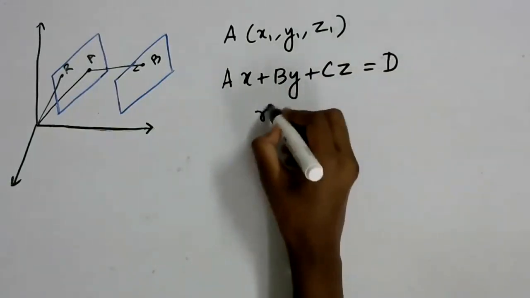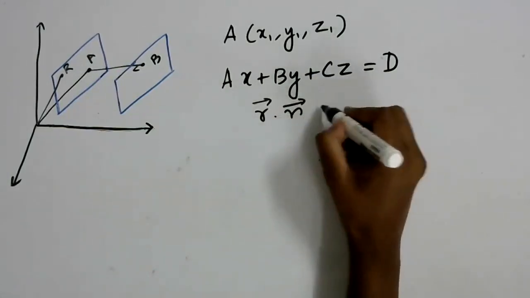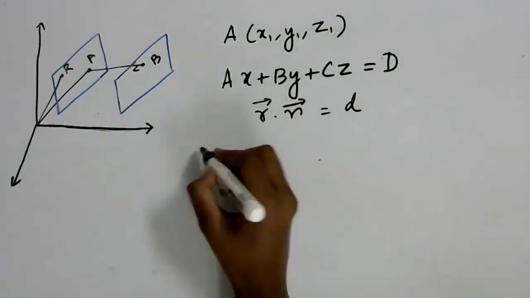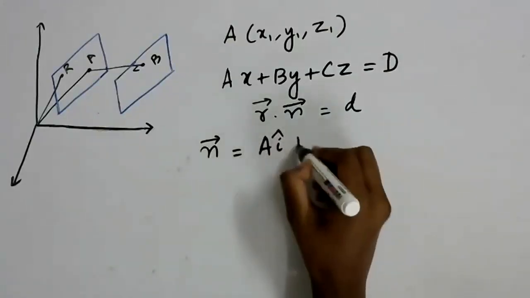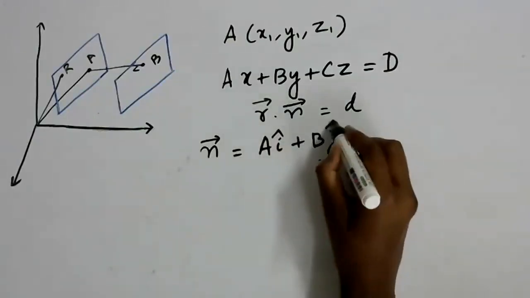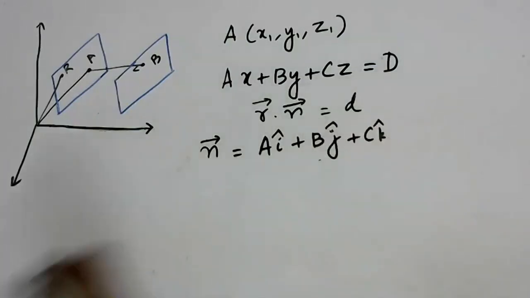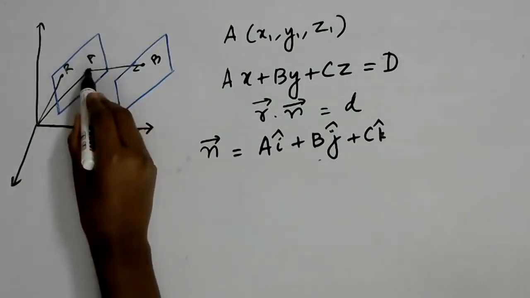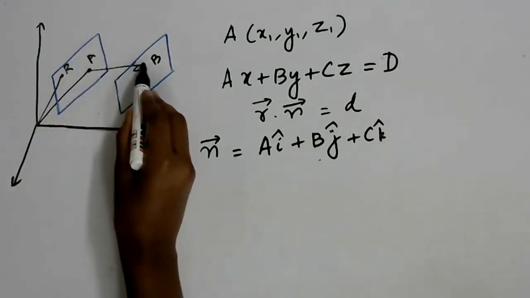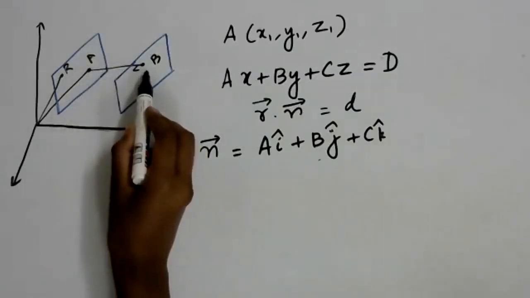Now comparing it with the equation which we already know, r vector dot n vector is equal to d, we have n vector is equal to ai plus bj plus ck vector. So we also know the perpendicular distance from A to B, where B is the foot of the perpendicular drawn from the given point to the given plane.